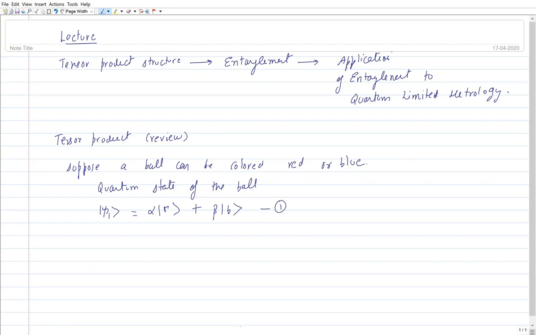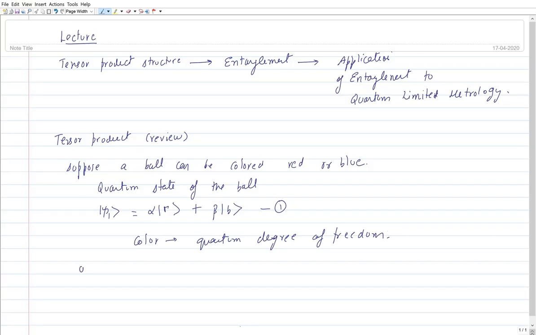So this would be the quantum mechanical description of the ball, where you can take color, for example. Color is a quantum degree of freedom.